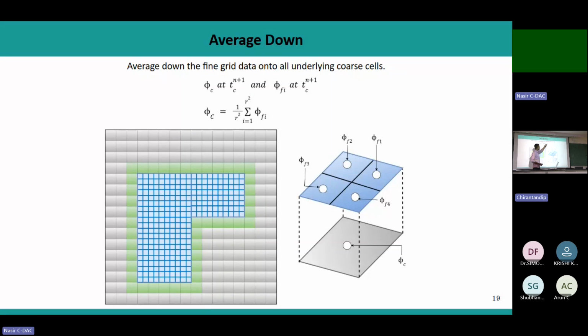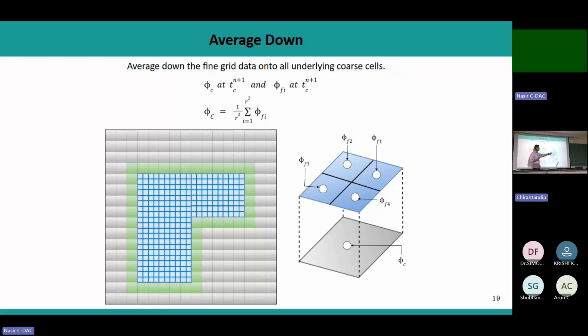With the average down, you take the fine value and make the correction in the coarse level solution.